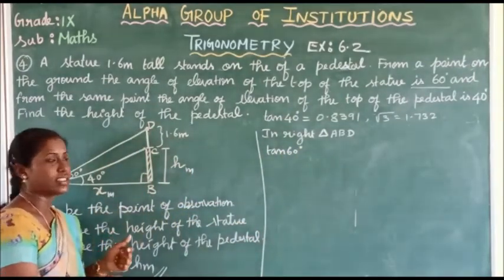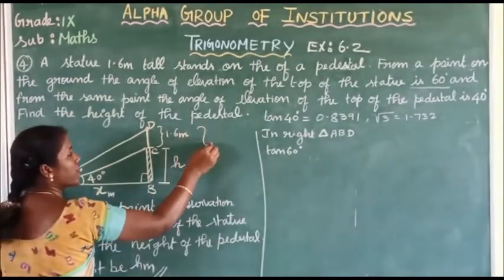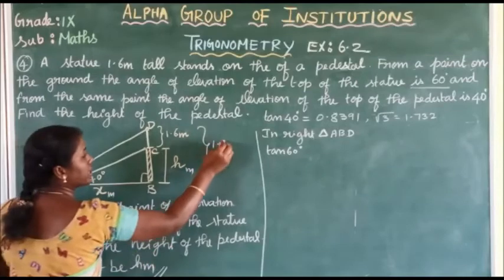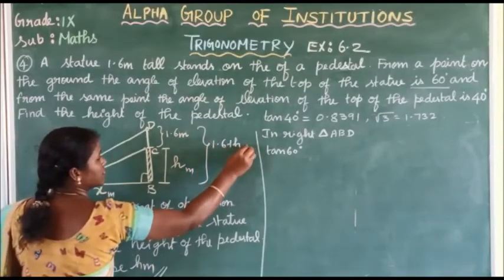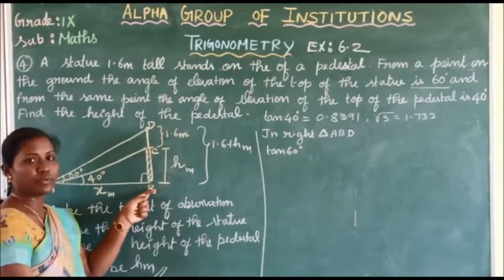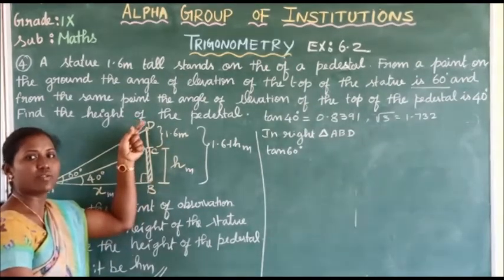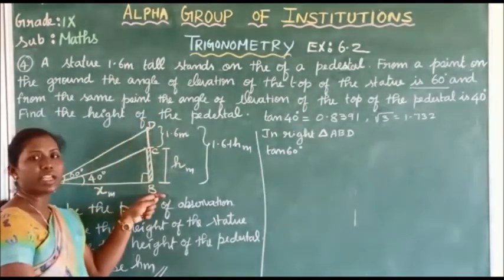So tan 60 degree is equal to opposite by adjacent side. For 60 degree the opposite side is the full length, which is 1.6 meter plus h meter, because we need the full part for 60 degree. The first part is 1.6, the other part we have taken as h.